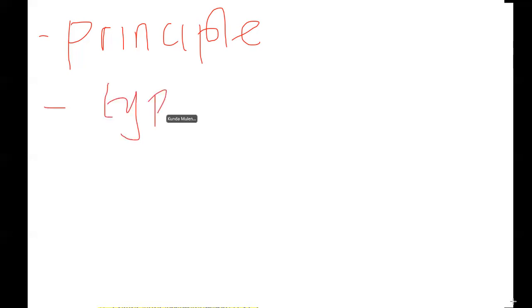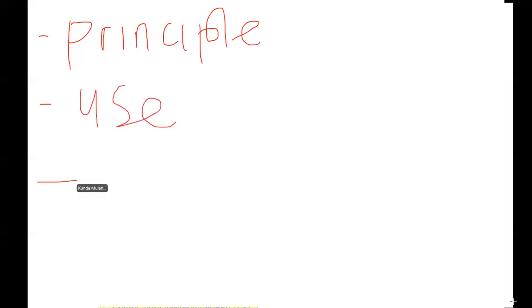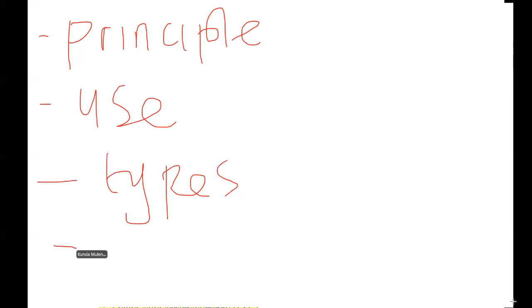Now, before we go to types, it's important that we look at the use, and then we can go to categories. So these are a few things that we need to focus on as we look at chromatography as one of the important separation techniques.